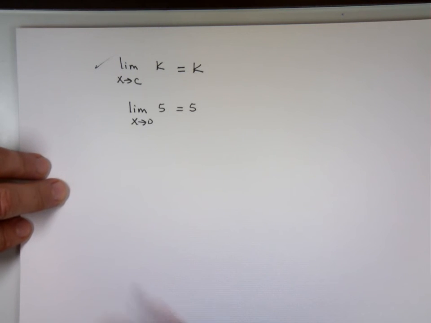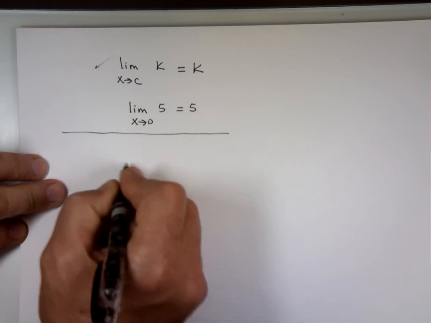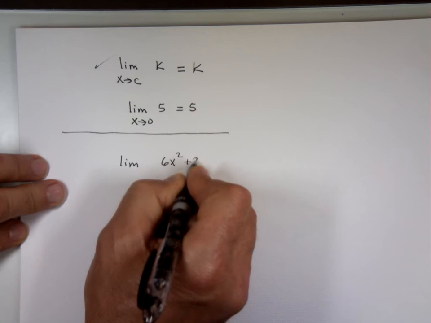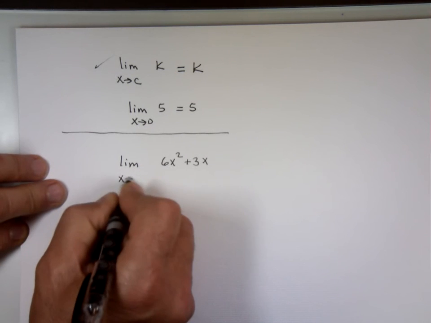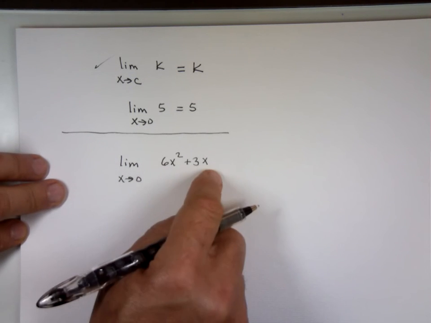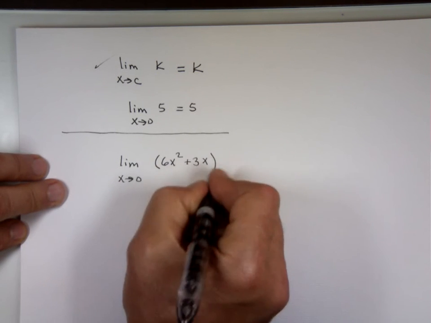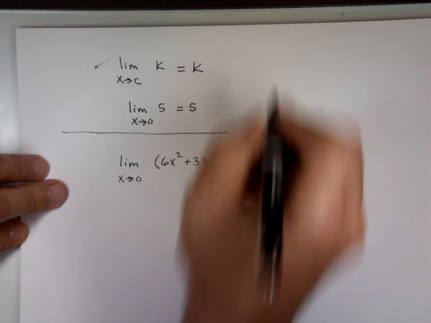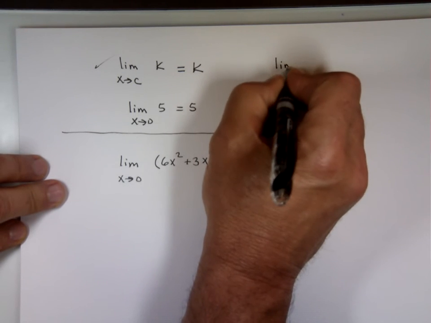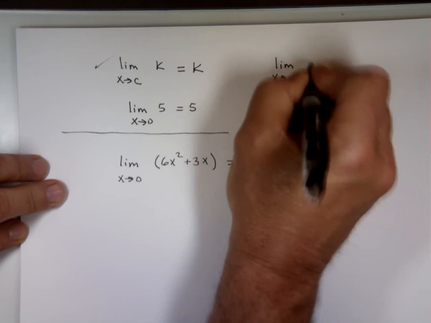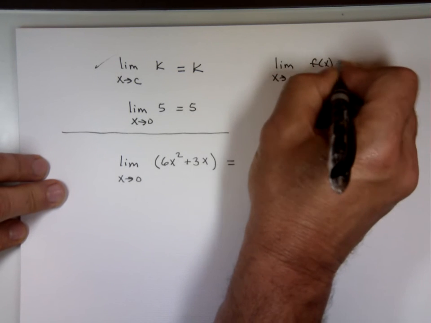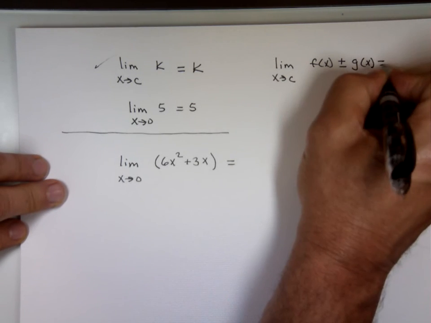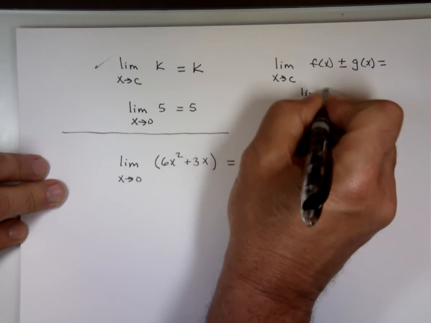If you have the limit of 6x squared plus 3x as x approaches 0, this property says when you have additions or subtractions, it's up to you. You can leave it as one problem or you can break it down as two problems. That's really the limit as x approaches c of f of x plus or minus g of x. It doesn't matter if you have addition or subtraction. You can break it down to the limit of the first one, and if it's addition, you leave it addition.